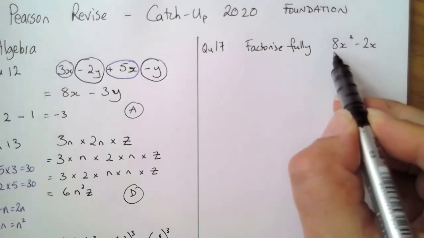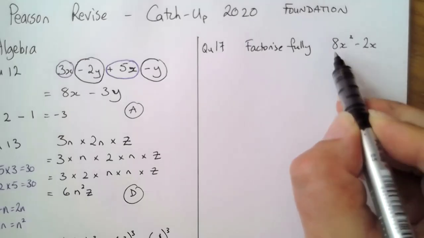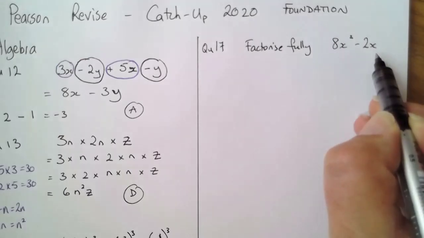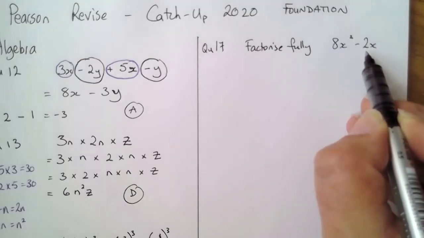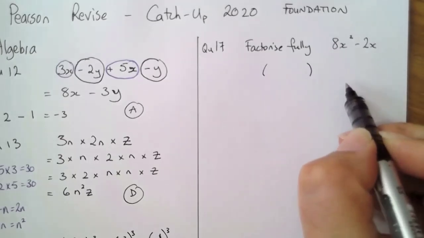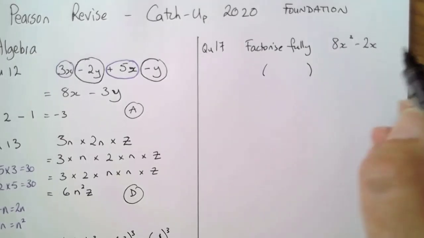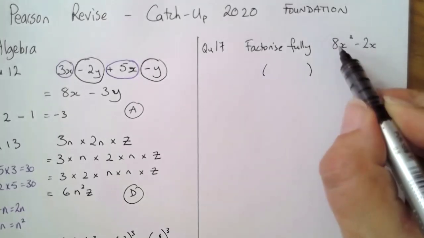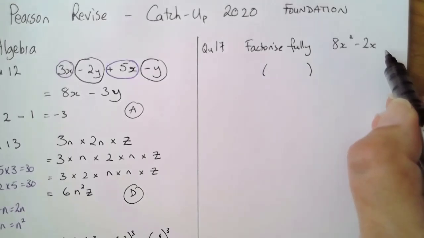In fact, there's a like term in the 8 and the 2, and there's a like term in the x's. So what we do, we've got a factor of 2. We're actually going to put this only in a single bracket. If it works in a single bracket, brilliant.